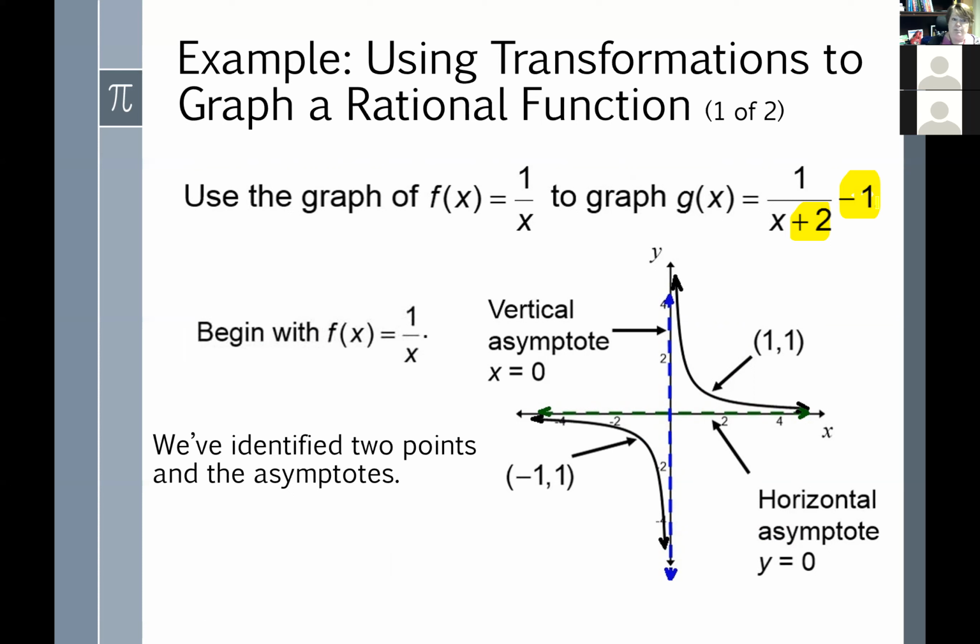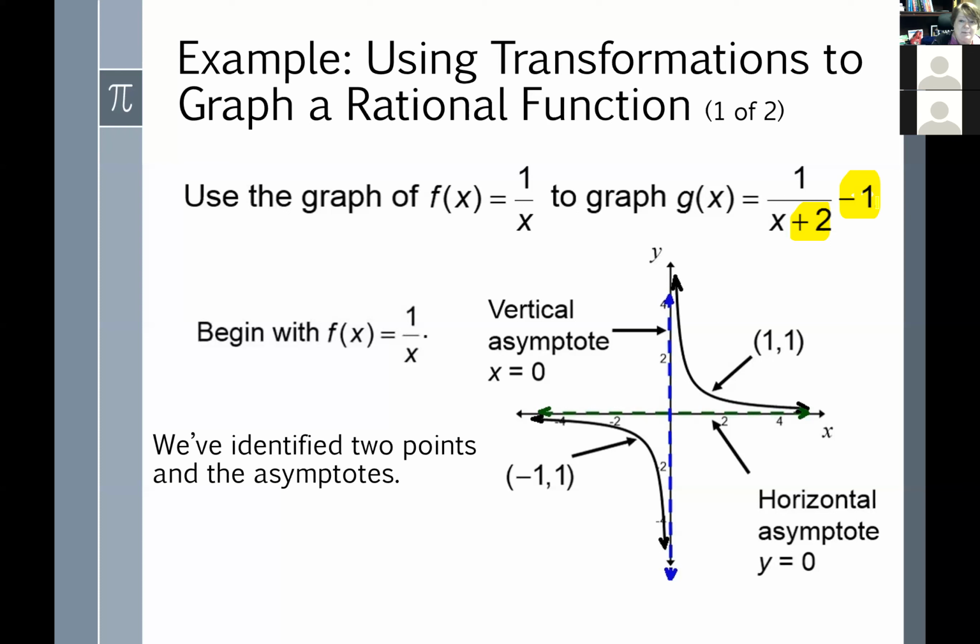The plus 2 moves it 2 units to the left. And the minus 1 moves it 1 unit down. It moves everything, absolutely everything. So it takes that vertical asymptote at x equals 0 and moves it 2 units to the left. The entire graph gets shifted to the left, including the asymptote. And the minus 1 shifts everything down 1, including that horizontal asymptote.